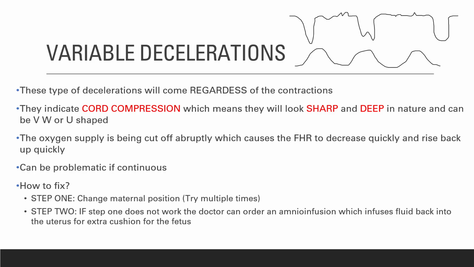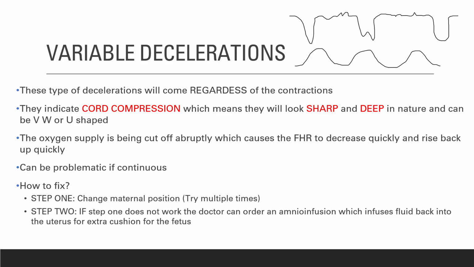So you'll see a sharp dip, abrupt drop in the fetal heart rate, and when you're recording this, it may look like a V, a W, or a U formation. That's because the cord's being compressed. Sometimes we don't know exactly where the cord's at, or if the cord's wrapped around the baby's neck or the baby's body, or if the baby's actually holding the cord, you might actually have some variable deceleration.